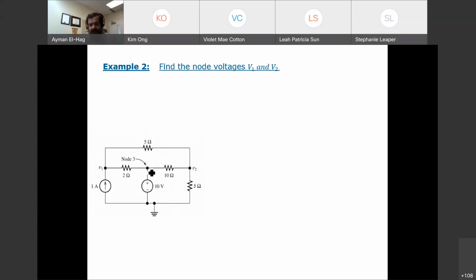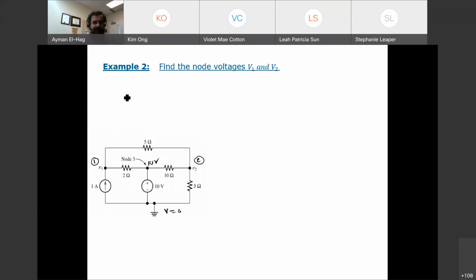The voltage between this point and the ground, where V is equal to 0, is equal to 10 volts. So basically, this node is equal to 10 volts. So now I will have node 1 and I will have node 2. I will not apply KCL to this node. Why? Because I already know the voltage.